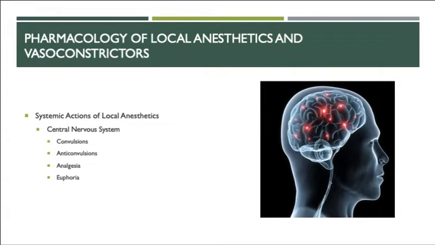Convulsion, on the other hand, at higher blood levels can occur that correspond with toxic overdoses. And obviously, as I just said, the primary clinical manifestation is generalized tonic-clonic convulsions. Interestingly enough, though, some local anesthetics do demonstrate anticonvulsive properties, and this occurs at blood levels that are considerably lower than what would produce seizure activity.